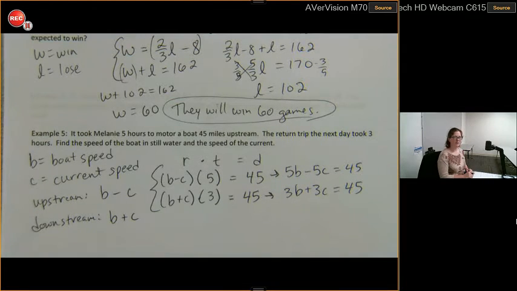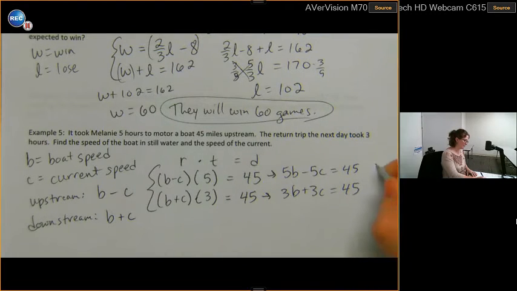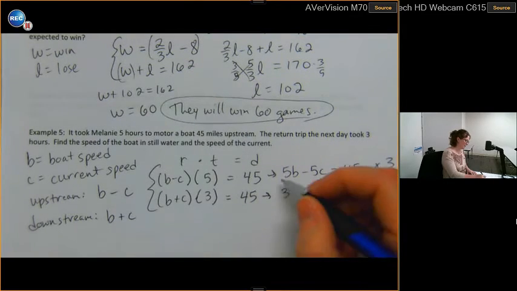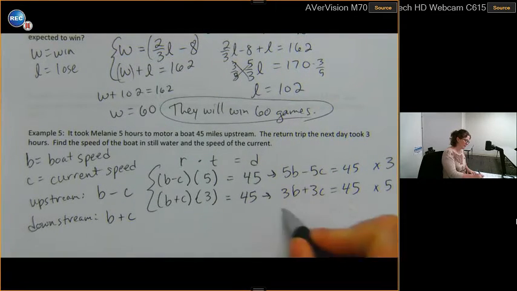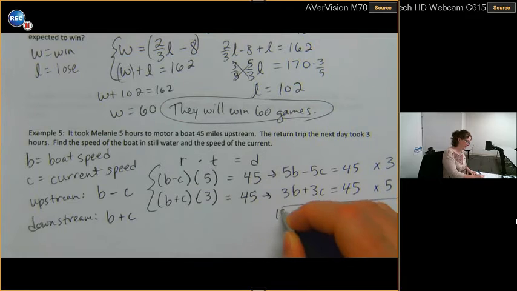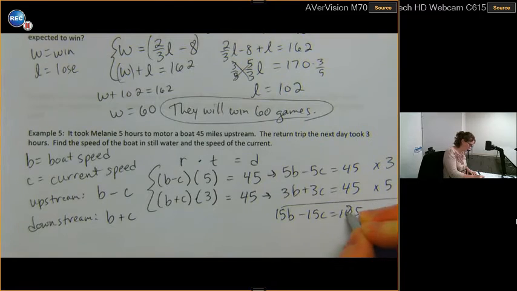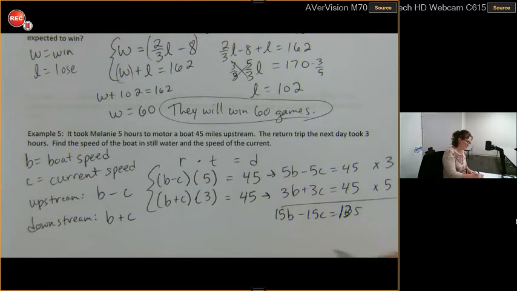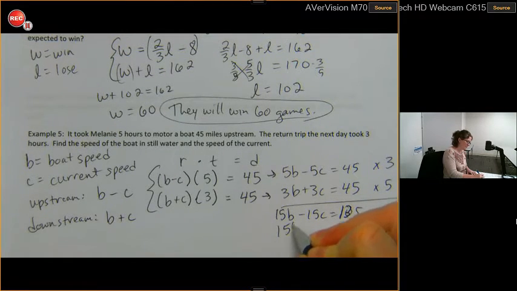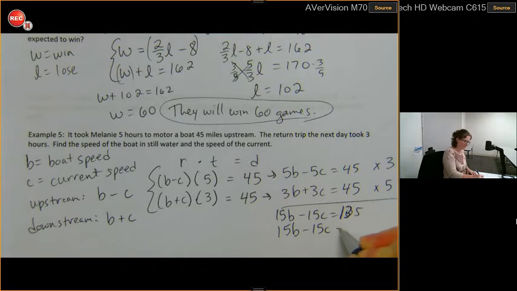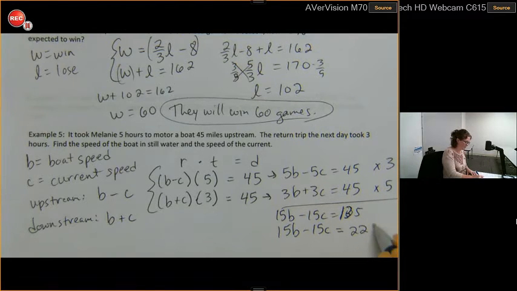So this one is set up to solve by elimination. I'm going to take the top equation multiplied by 3, and the bottom equation multiplied by 5. And when I do that, I'm going to have 135, and multiplied by 5, 225.